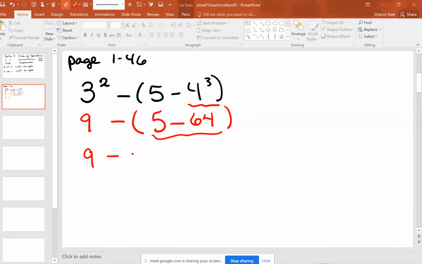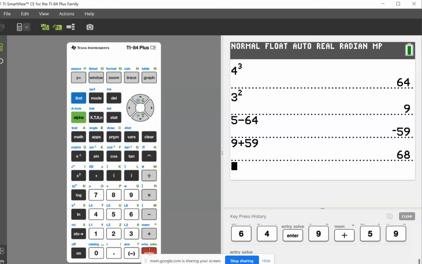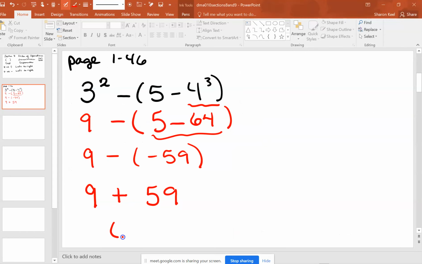So we have 9 minus a negative 59. Remember, with subtraction, we would rewrite subtraction as addition. We keep the same number, we change to addition, and then we write the opposite, a positive 59. 9 plus 59 is going to give us 68. So 68 would be our final answer.